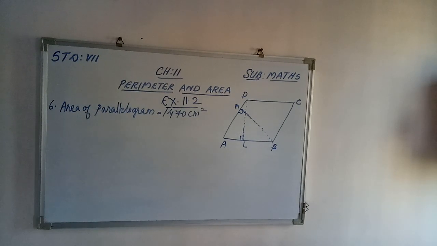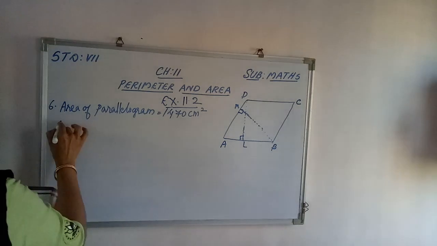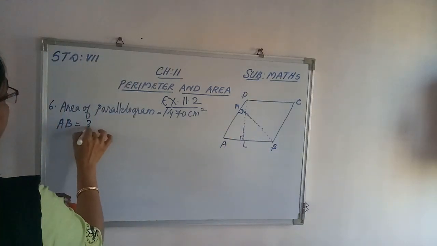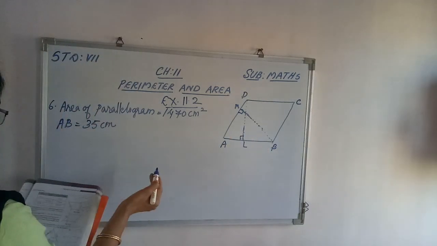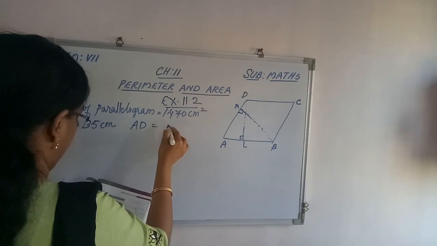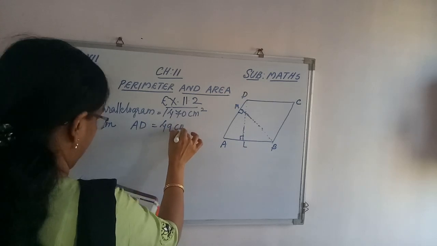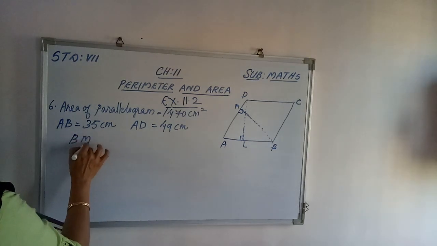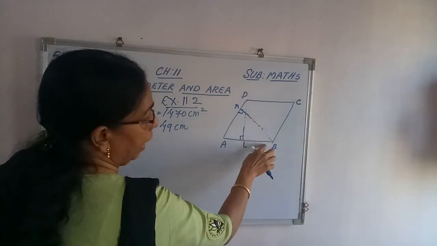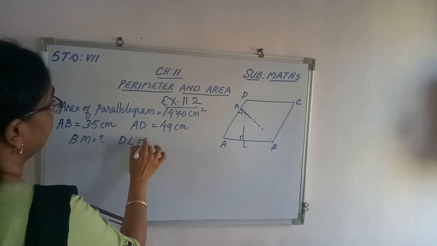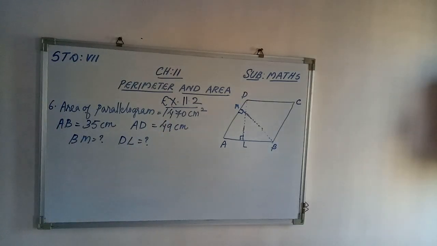AB is equal to 35 centimeter, that is the base. AD is 49 centimeter. Then we have to find the length of BM, that is this height, and also DL. Both the heights you have to calculate.